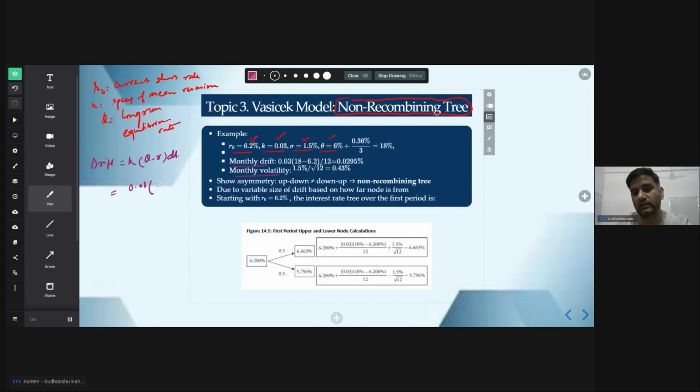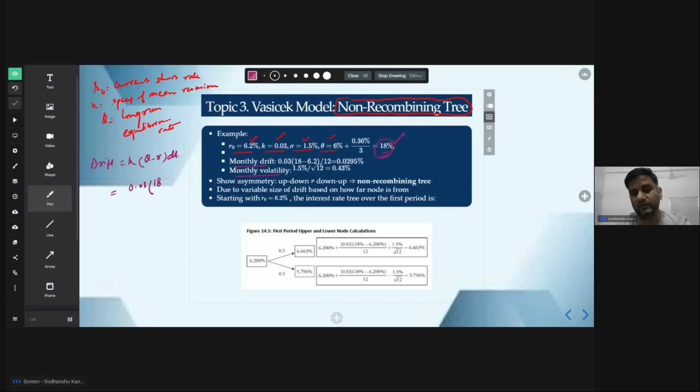Theta, has it been given to you? If theta is given to you, how do we use it? Here we are using 18. How did we reach 18? What has been done to get 18? Because theta is your long run equilibrium rate.